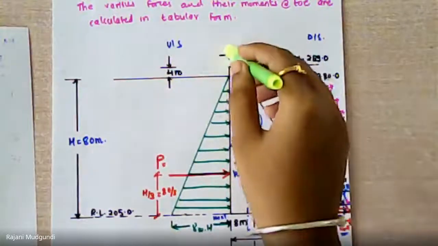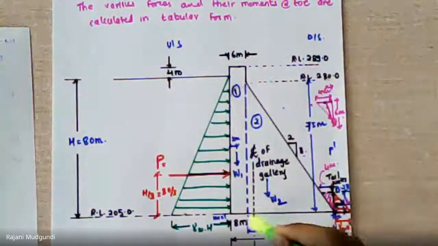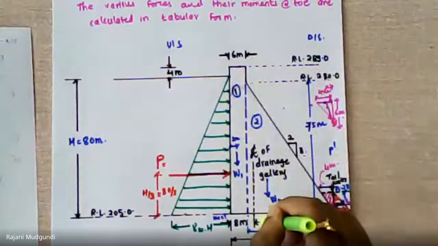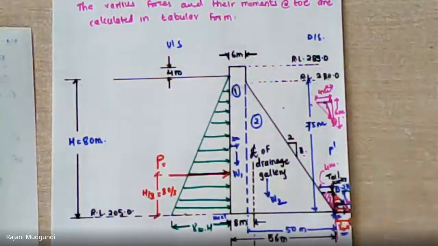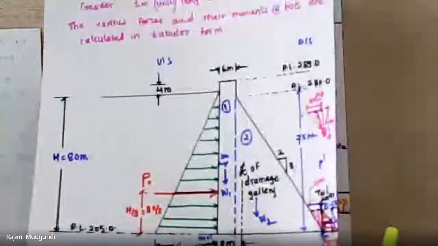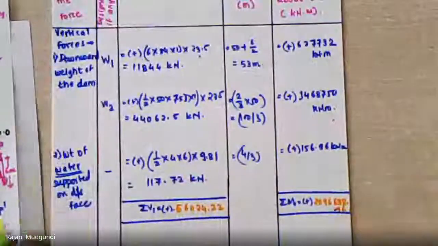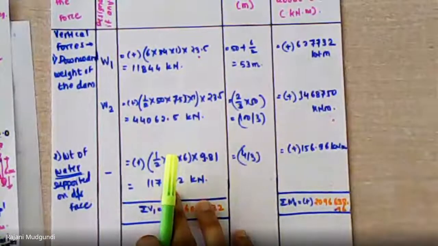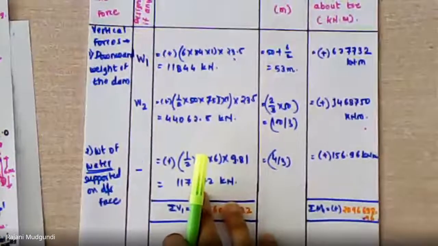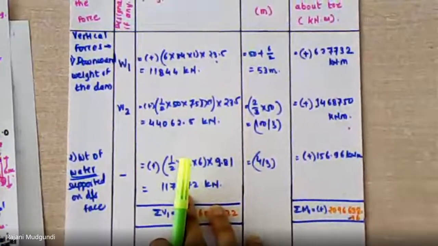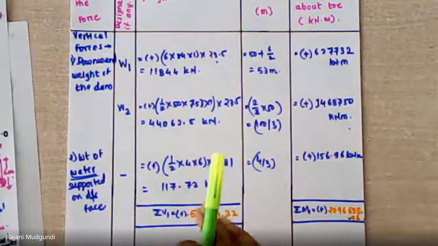One is this rectangular portion and the other one is the triangular portion, right? At the same time, you can refer to the table of calculations that we have performed already.